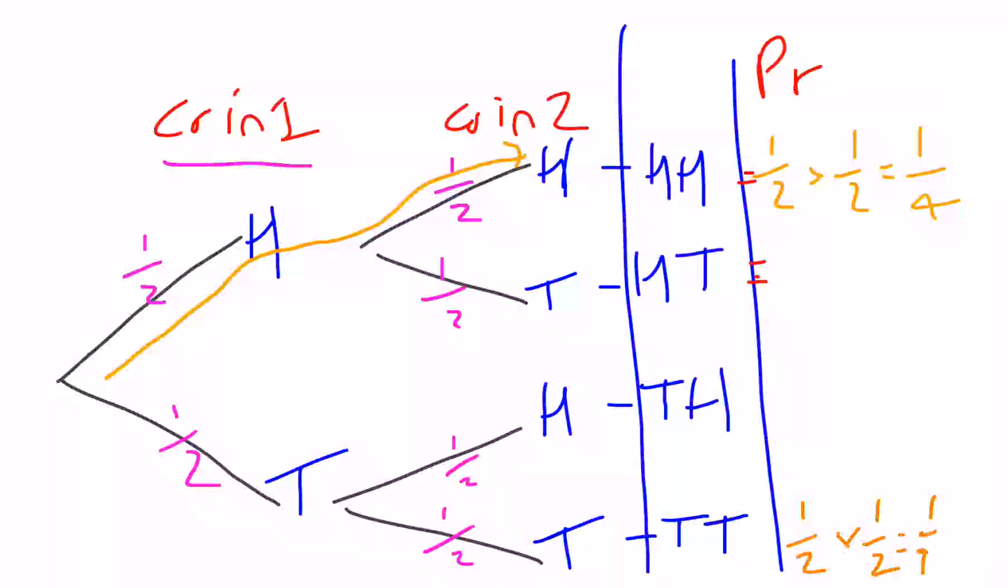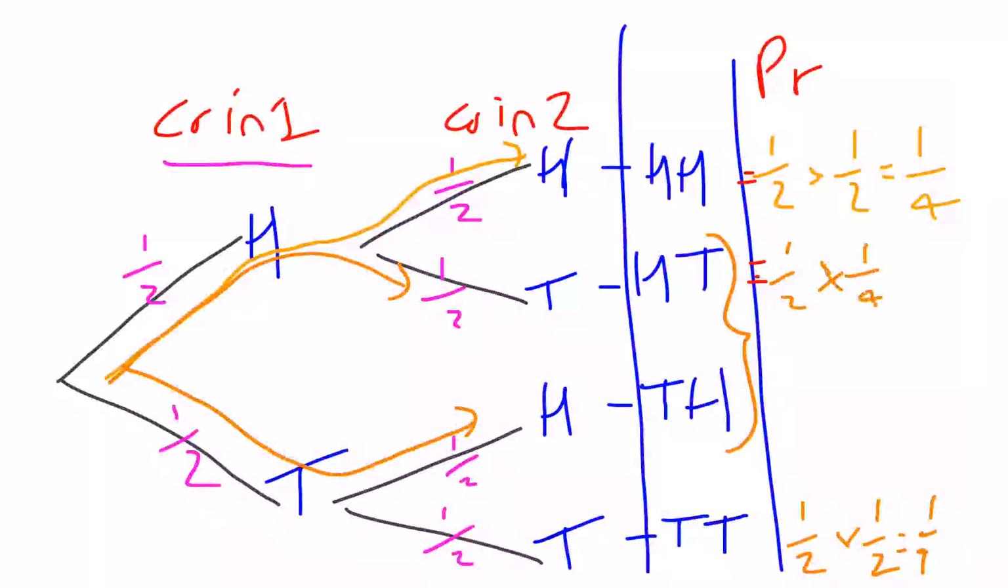If I wanted to know what the probability is of getting two different coins, there's two ways of getting that out of 4. So we could predict that it's going to be 2 over 4 or a half. But we could also multiply a half times a half that way and a half times a half that way. This one's a half times a half is a quarter.